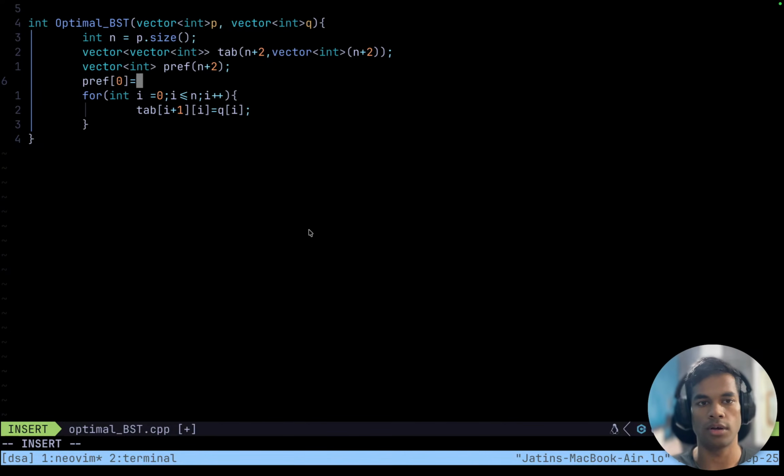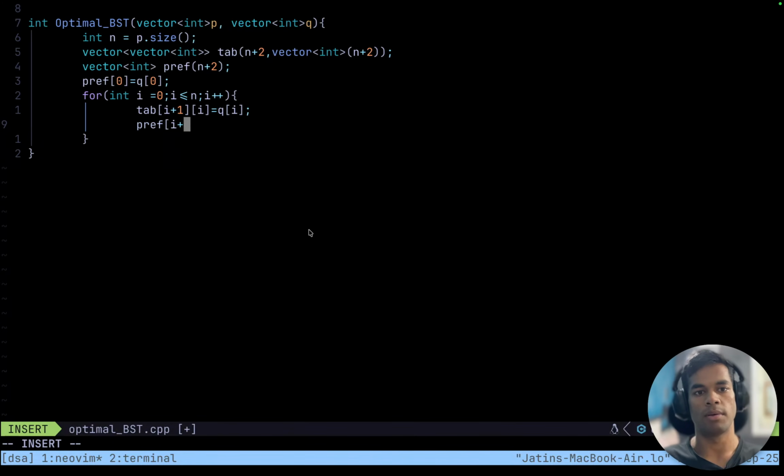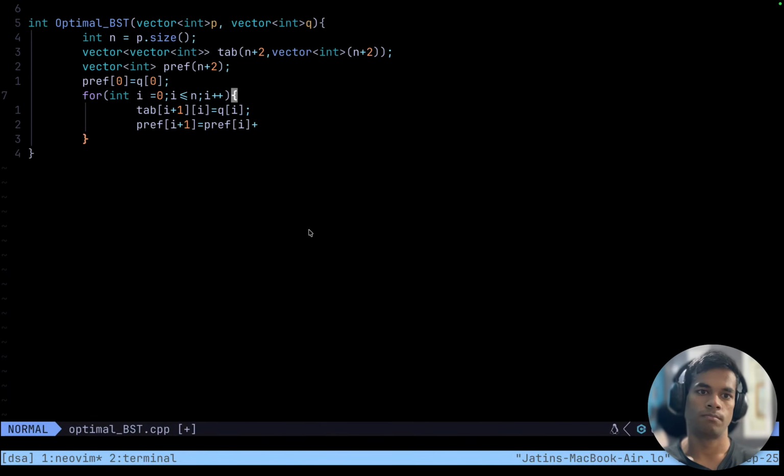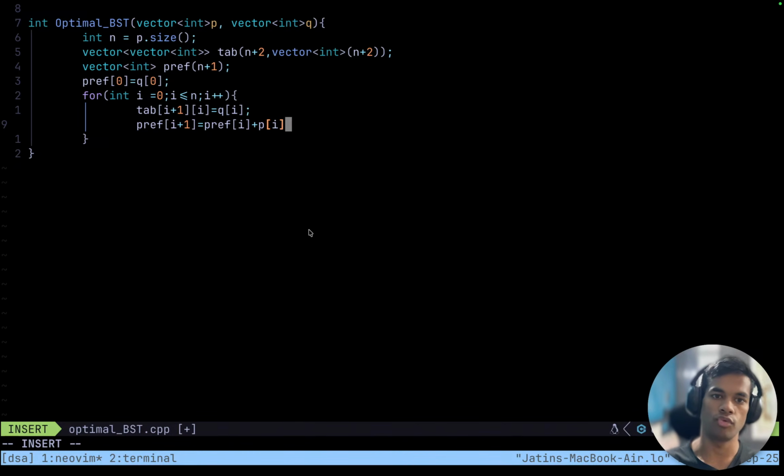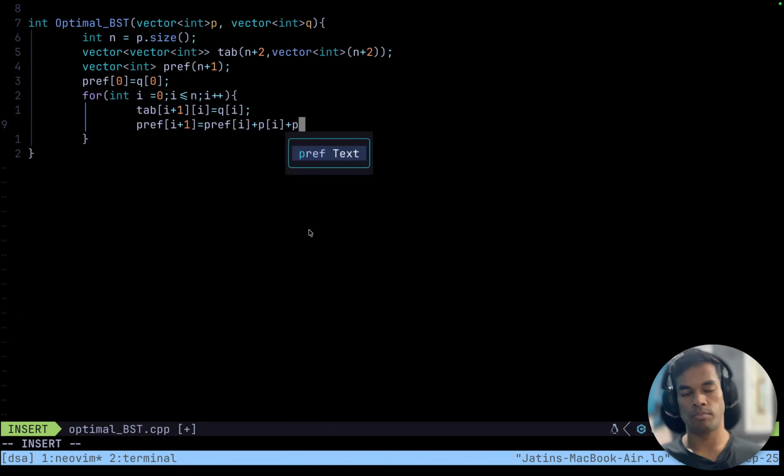When I'm not choosing any node at all, then q0. pref i plus 1 equals pref i plus p, the probability for the ith node since I am choosing it, plus qi minus 1.